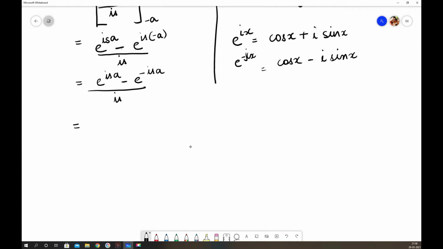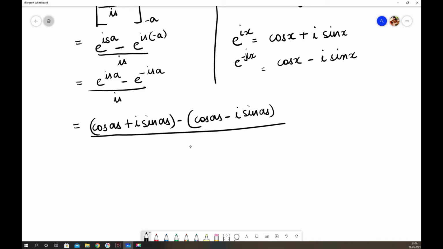So e to the power isa, instead of x I have sa here, is written as cos sa plus i sin sa. Similarly, e to the power minus isa is written as cos sa minus i sin sa, and there is a common denominator, is.